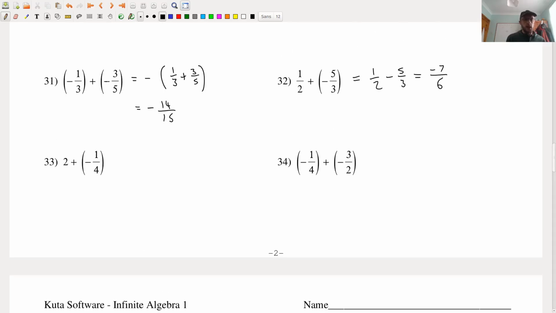And now we have 2 add negative 1/4. It's tempting to go to the algorithm with a problem like this and turn it into 2 over 1 and do all that sort of business. But when the numbers are this small, you really want to never lose that sort of concrete feel for them and that grasp for them.